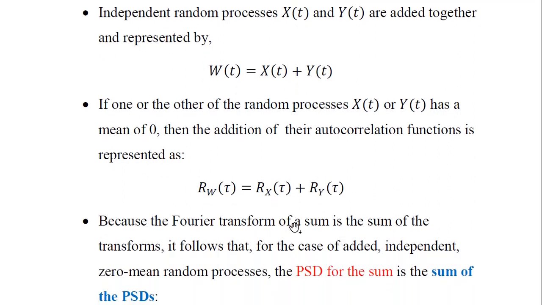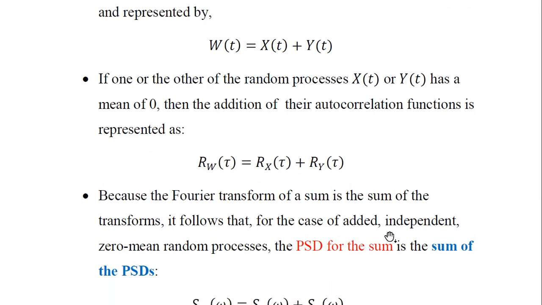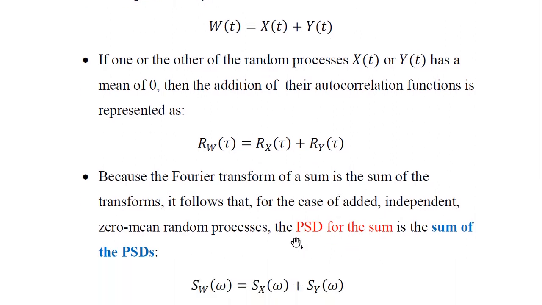Because the Fourier transform of a sum is the sum of Fourier transforms, it follows that in case of independent random processes with a mean 0, if they are added together, then their PSD is the following.